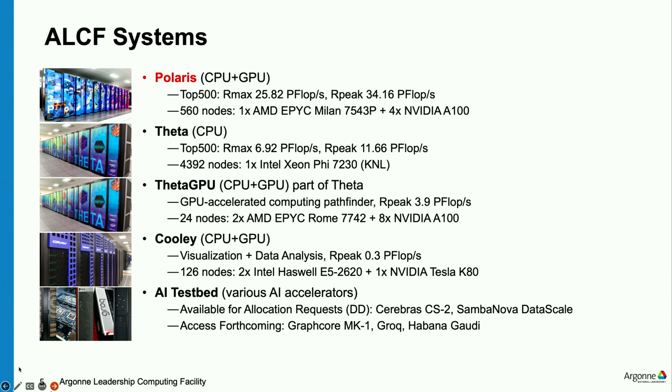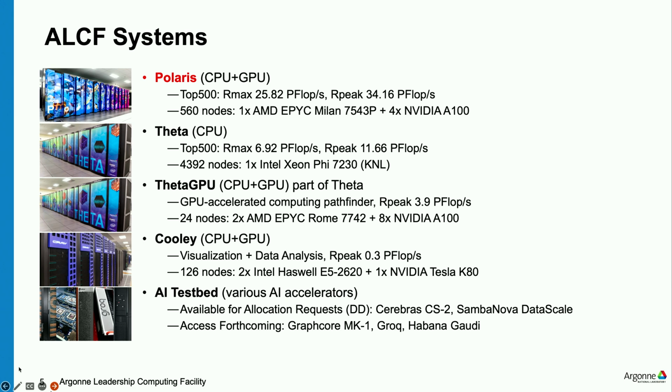Theta machine is CPU only. This is KNL. It has almost 4,400 nodes, Xeon Phi machine. A couple of years ago, we added the Theta GPU machine, which is actually part of Theta, and they have a common scheduler.